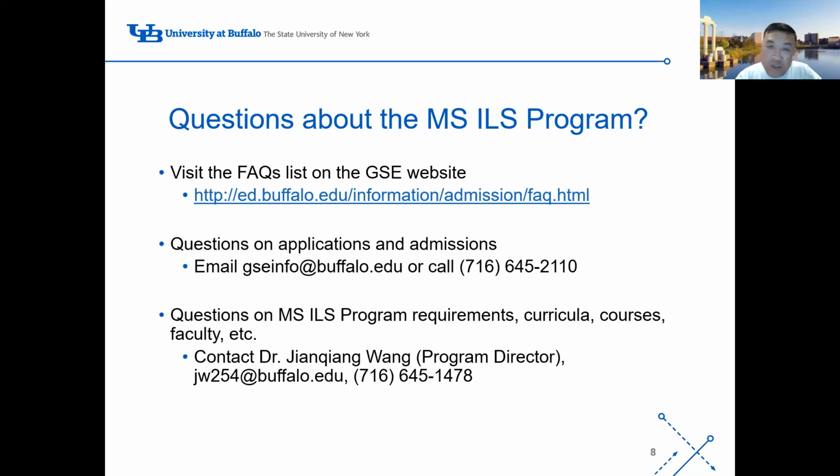If it's questions about applications and admissions, just email directly to gse.info@buffalo.edu or call the number of the admissions office. If you have questions about the program requirements, courses, faculty, stuff like that, I'm here to help. My office phone number is listed here, but my email is probably the best way.